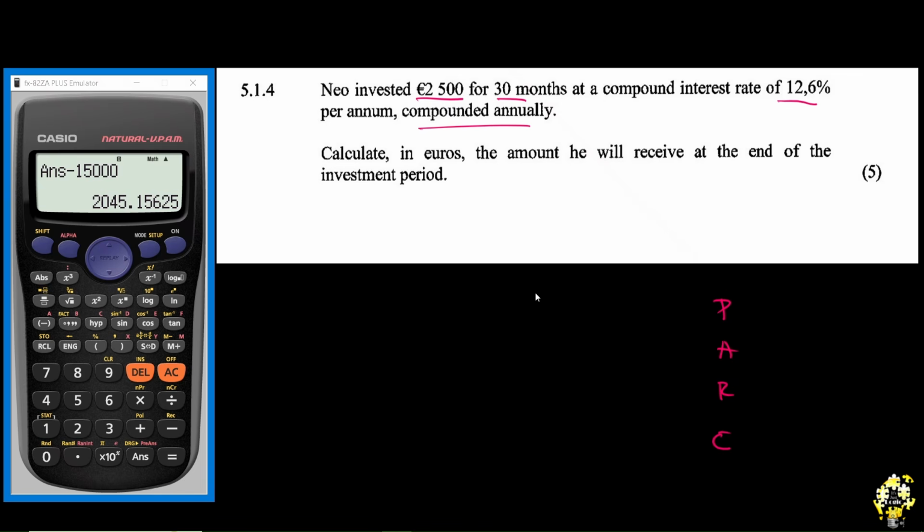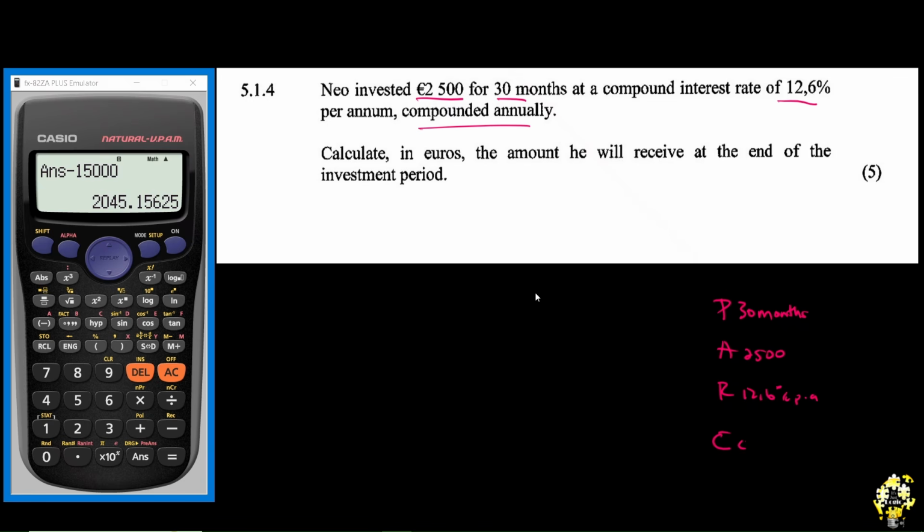Anyways, what's our period? Our period is 30 months. What is our principal amount? It's 2,500 euros. What is our rate? It's 12.6% per annum. What is our compound?